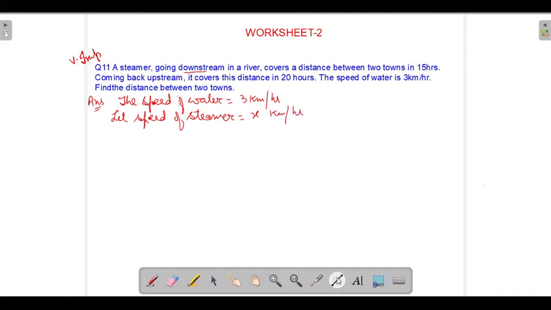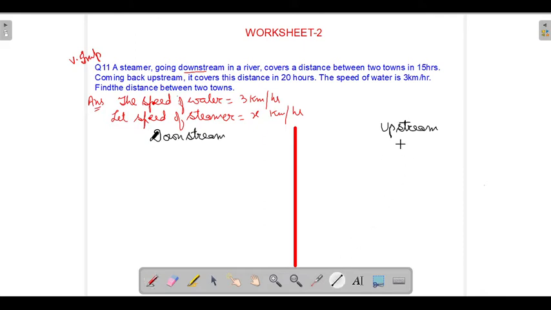Now we will take this question in two parts: one is downstream and another one is upstream. So these two cases we will take.